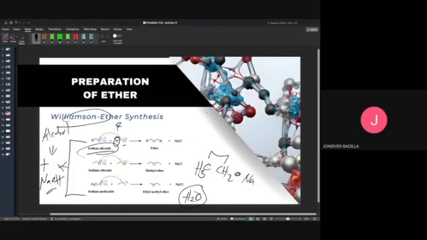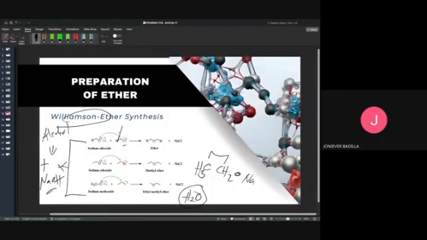After the alcohol forms the alkoxide ion, the alkoxide will react with a primary alkyl halide. Now we have the primary alkyl halide as presented a while ago, depending on the number of carbon atoms, presented generically as an alkyl halide.